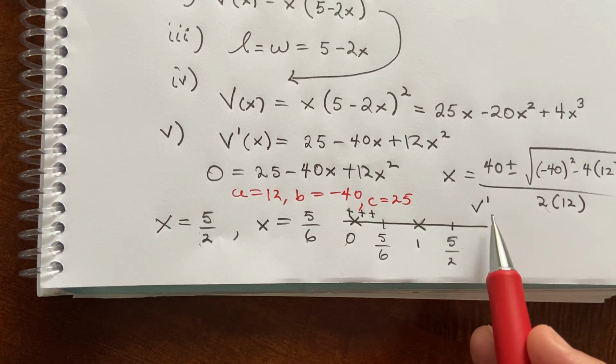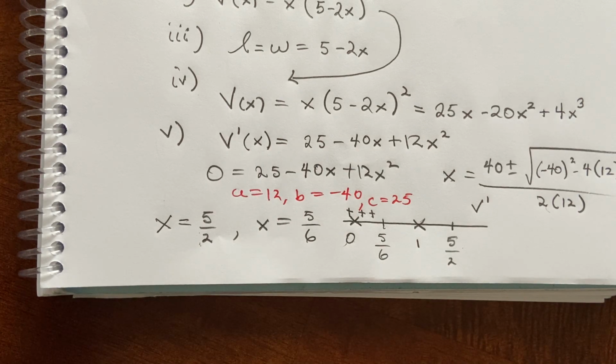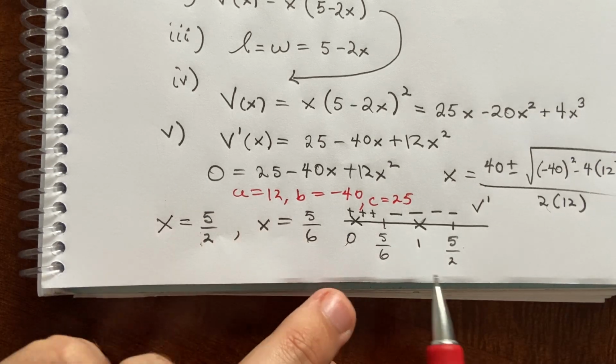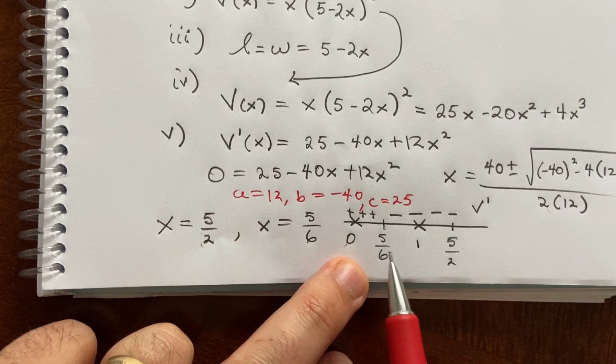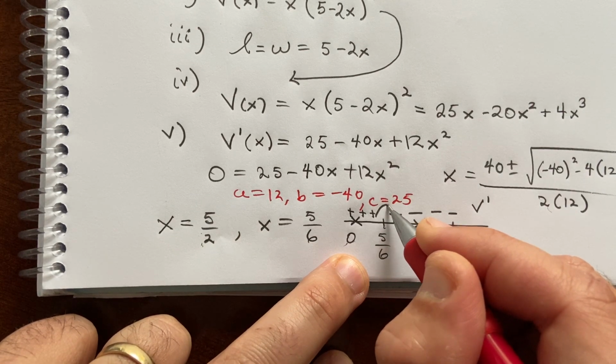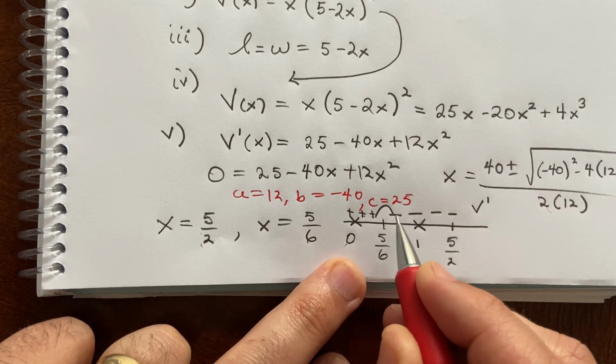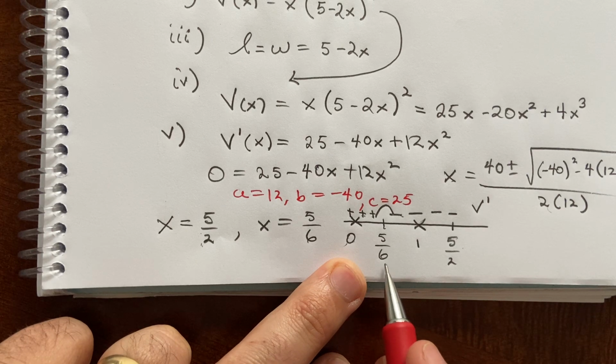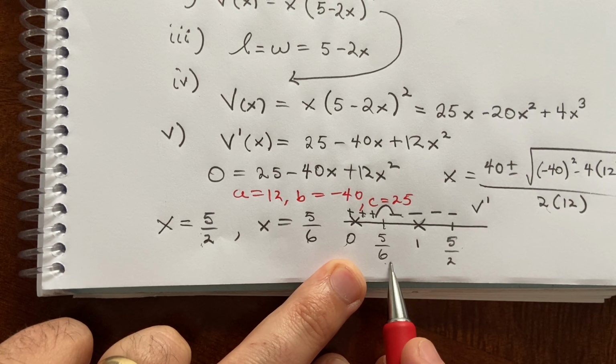So V prime of 1, you get 25 minus 40 plus 12. That's negative 3. So in other words, throughout this region, you have a negative, which means that indeed this number is maximizing since I have positive on the left and negative on the right. So 5/6 is your maximal cut.